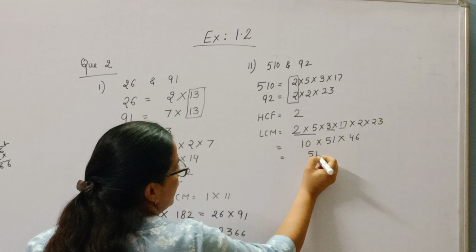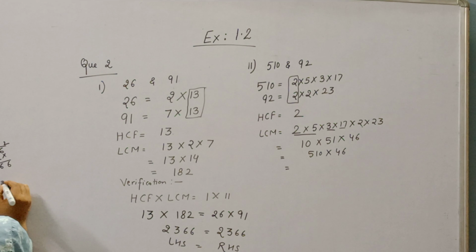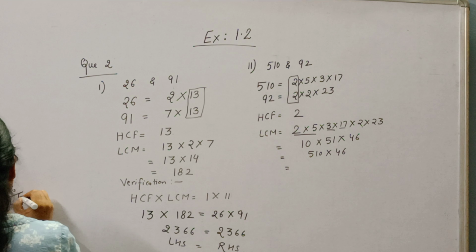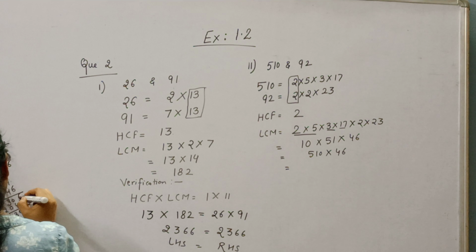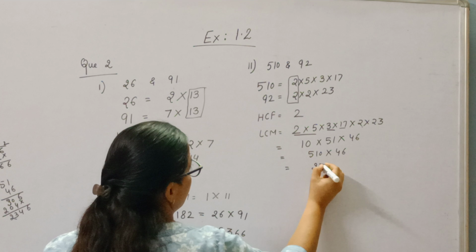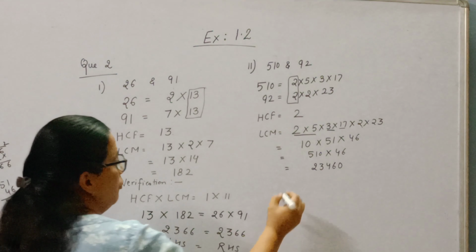So 510 into 46. We will do the multiplication: 6 1s are 6, 6 5s are 30, 4 1s are 4, 4 5s are 20, and so on. It comes out to be 23460. Okay.